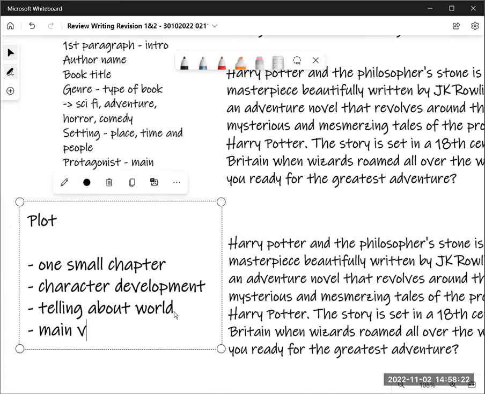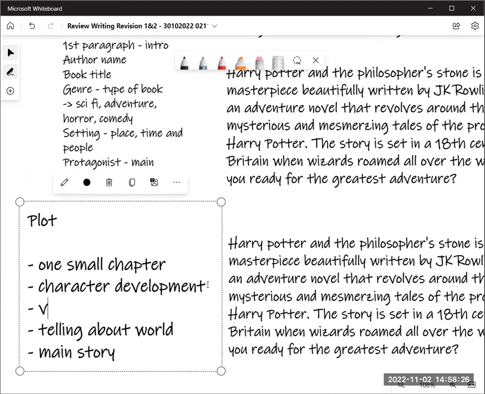It's the main story. Character development means telling about the villain, telling about the heroes, etc.